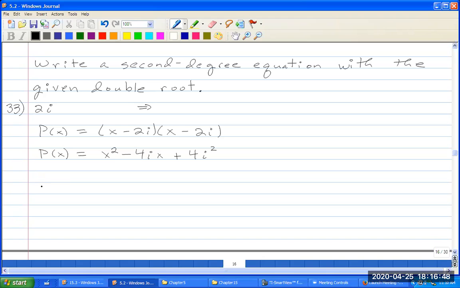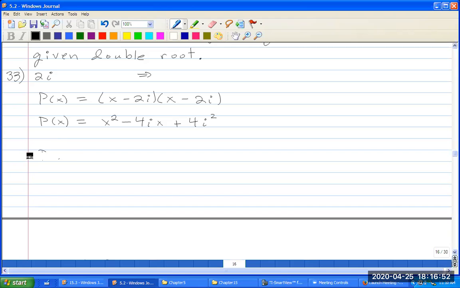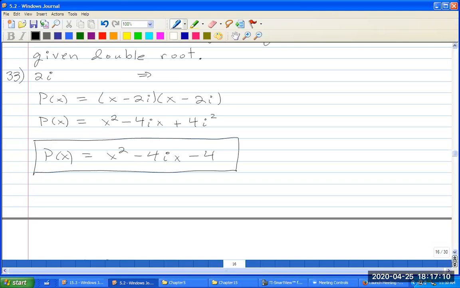And so my polynomial will have the form x squared minus 4ix minus 4. The coefficients are not necessarily real.